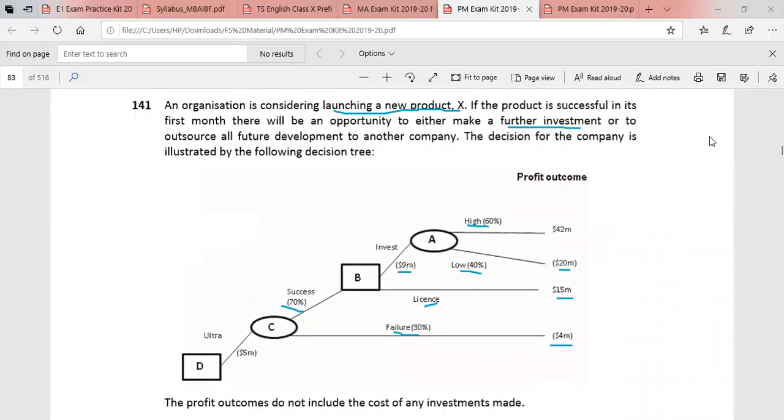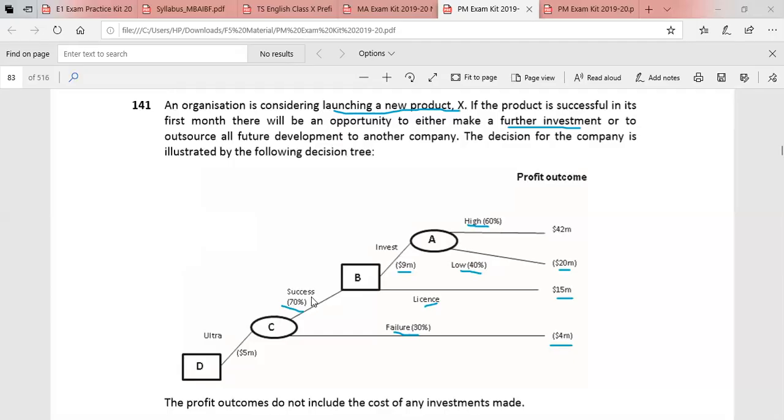If the product is successful in its first month, there will be an opportunity to either make a further investment or to outsource all future development to another company. So the probability is given to us. See here, it is given as 70%. Unsuccessful, the failure, is 30%.